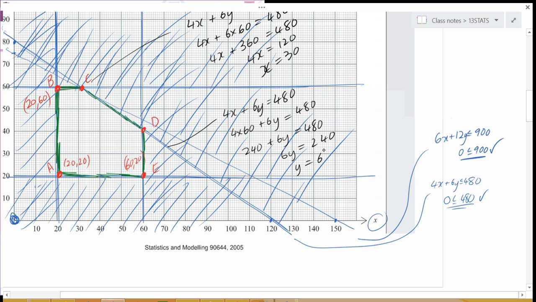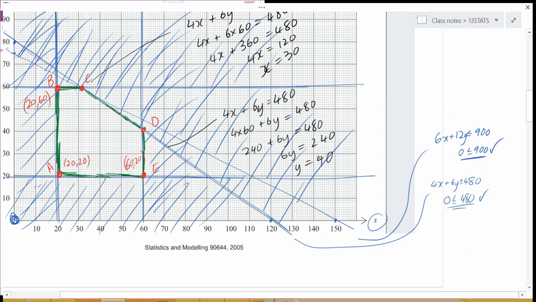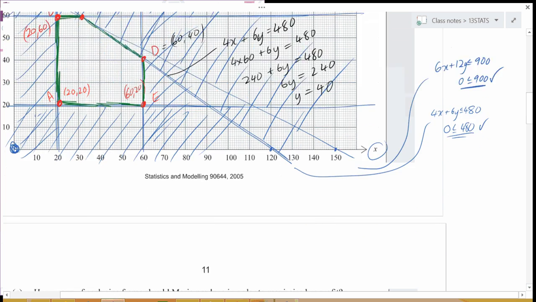Sorry, y equals 40. I'll fix that up. Okay, so for that point we've got 60, 40. So D is 60, 40. So let's put that into our table.